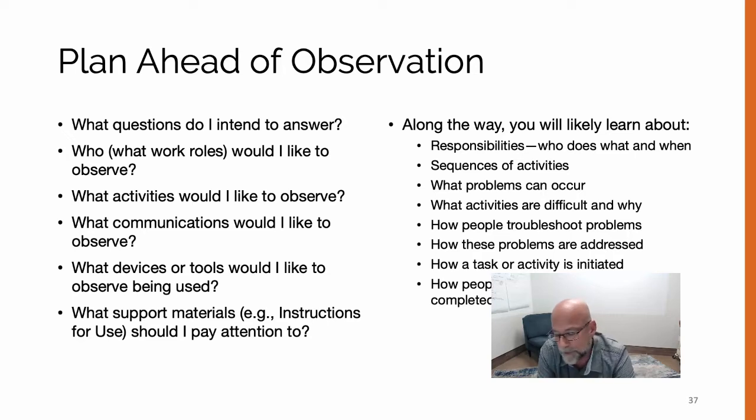Things you will learn about along the way might include things like responsibilities, who does what and when, what sequence of activities happens, that is what happens first versus second versus third, etc. Problems that can occur.